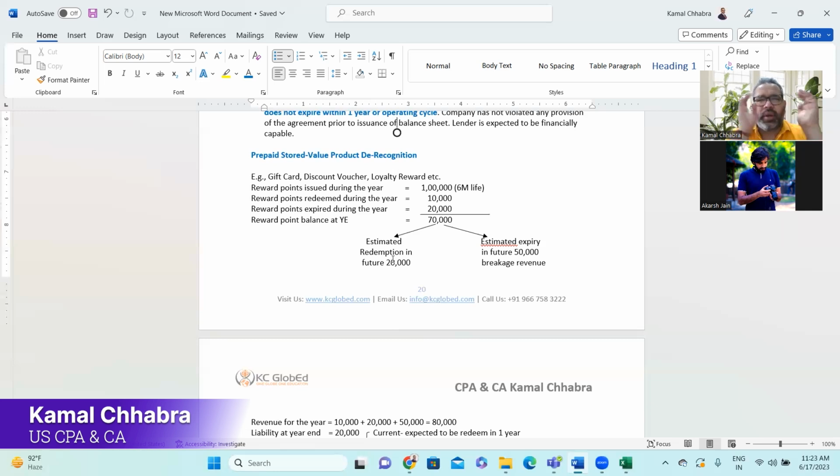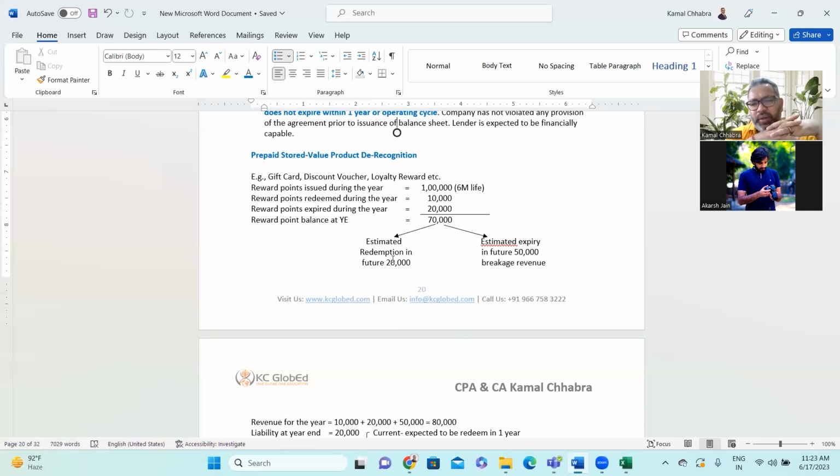During the year, you have 1,000 customers and they have done millions of transactions. Those transactions have resulted in reward points, which you have issued during the year, of 100,000. Let's assume those reward points have a life of 6 months. You started this scheme on 1st January 2022, and by December 2022, you have issued 100,000 points.